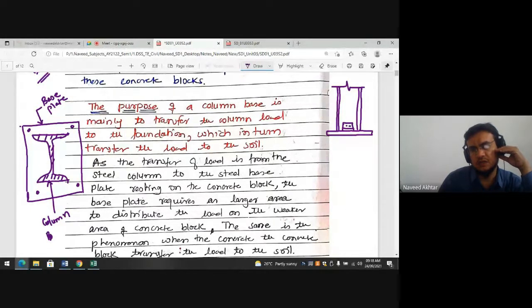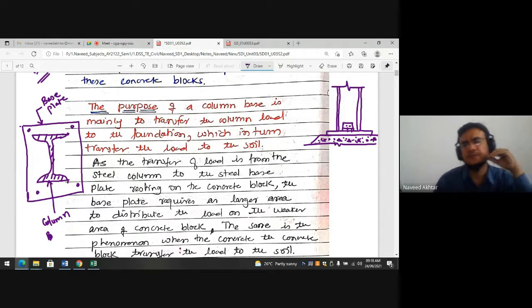And below that we are providing the foundation. Okay, the concrete foundation. So we are showing the concrete like this. So this is the concrete foundation.